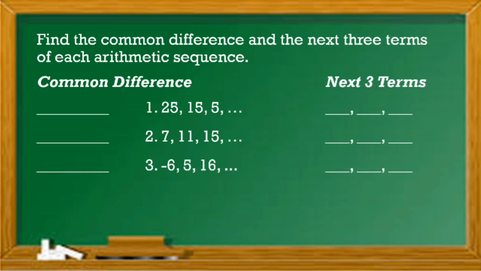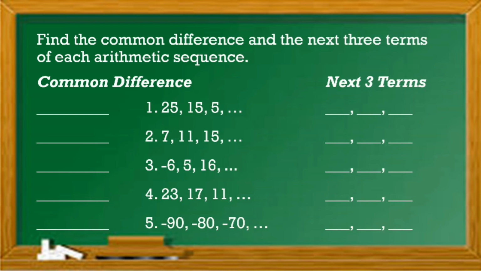Number 3, negative 6, 5, 16, and so on. Number 4, 23, 17, 11, and so on. Number 5, negative 90, negative 80, negative 70, and so on. You are given 30 seconds to accomplish this activity. Good luck!